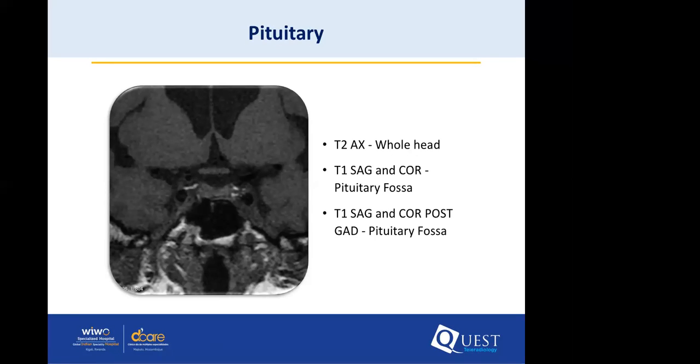The next few slides should be used for pituitary imaging, very common. Here for pituitary, the key image is a T1 image, either a coronal or a sagittal T1, and a pre and a post contrast to look for macroadenomas.